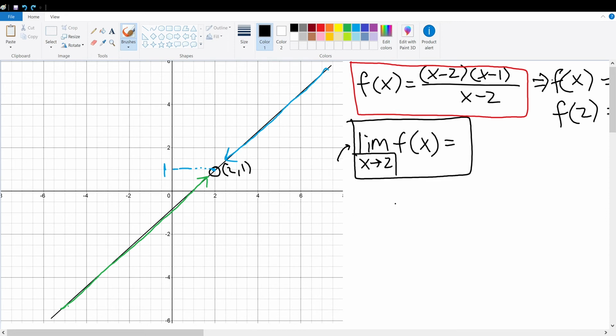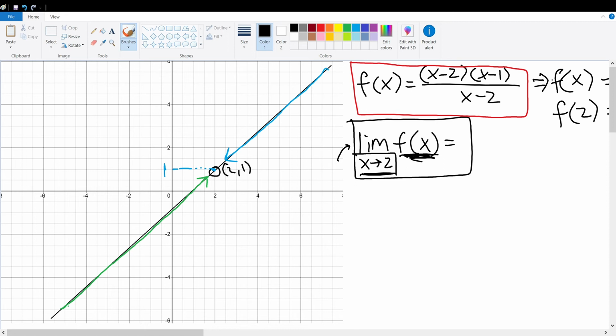In this specific case, x will infinitely get close to 2 for this function. This is just telling us what is the limit of this function, f of x, when x approaches 2.